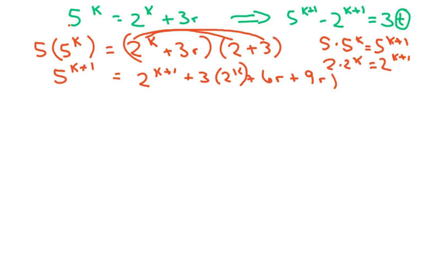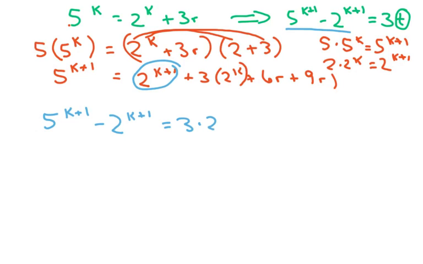Alright? Now I'm going to go ahead and move this back so it looks like this. And you're going to get 5 to the k plus 1 minus 2 to the k plus 1 equals 3 times 2 to the k plus 15r. Now this side matches here, and I want it to look like this side.